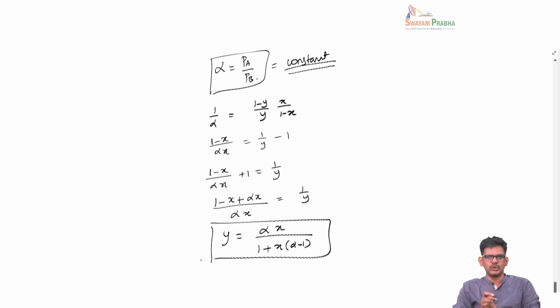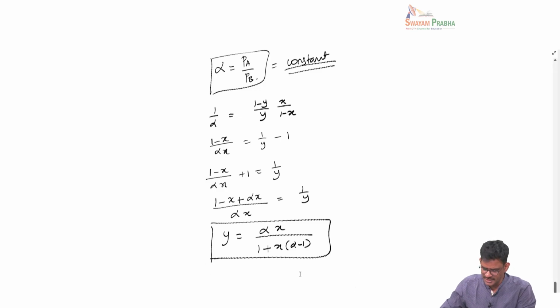So this is a very useful, important relation that gives me y versus x data if I assume alpha is constant over the composition range. Typically in the GATE question they will say alpha is given as a constant value, and this is the equation you should be using to get the VLE data or xy data.